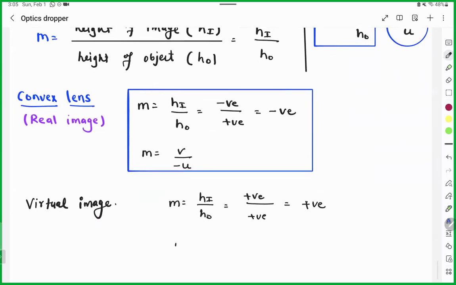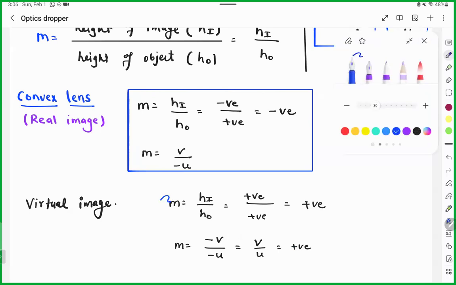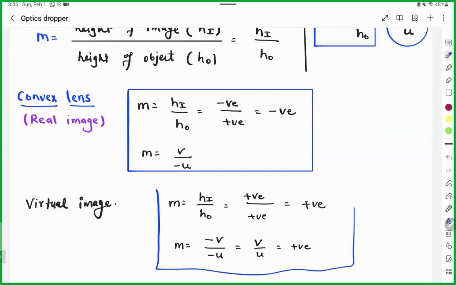If you calculate V by U, then the object will be placed on the left hand side, so U will be negative, and the virtual image will also be formed on the left hand side. Both are negative, so overall V by U means positive. See, even for the same kind of lens, that is convex, there is a different value.